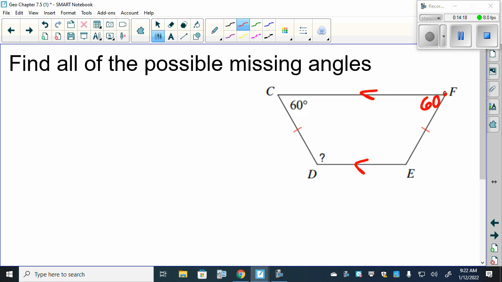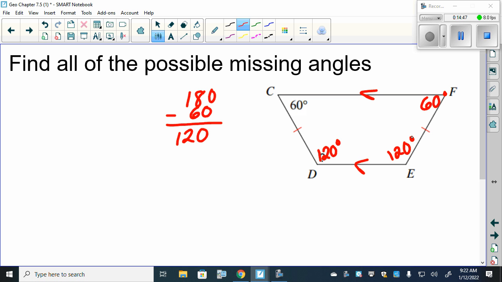What is going to be the measure of angle D? 120, and we can find it by doing 180 minus, which indeed would be 120. So this here would be 120 degrees. And E would be 120 degrees because the base angles are congruent. Base angles in isosceles trapezoid are congruent.